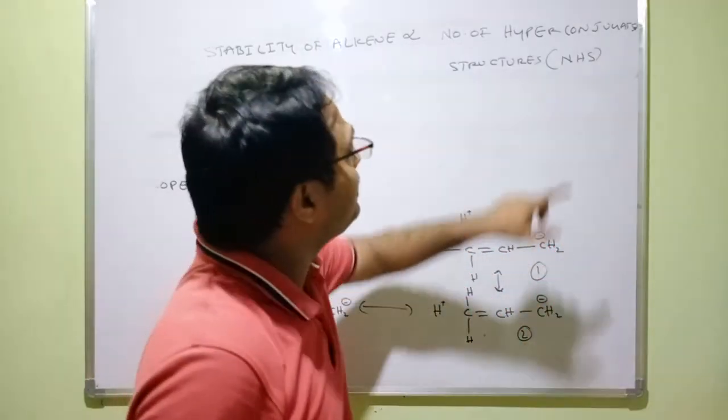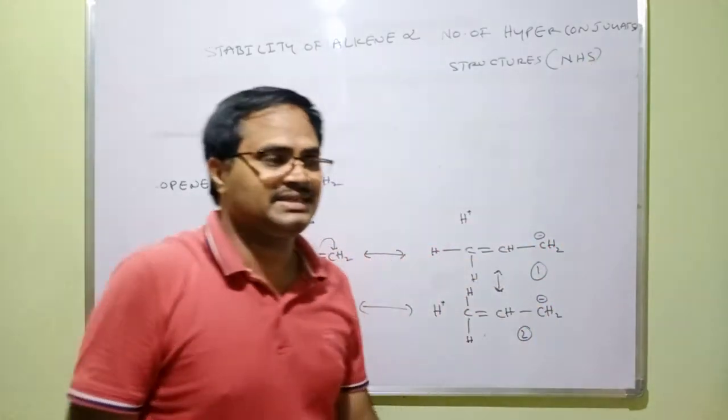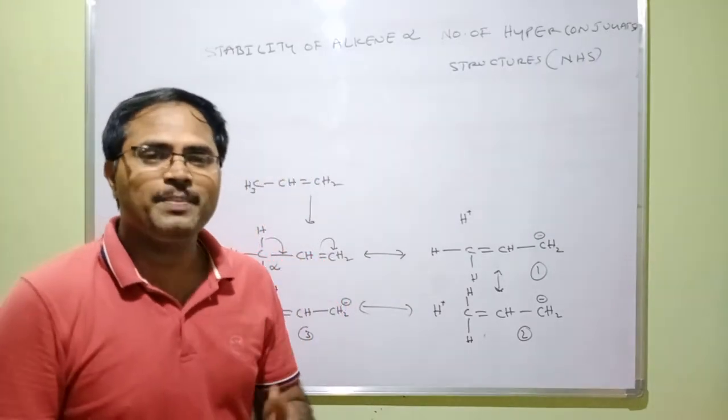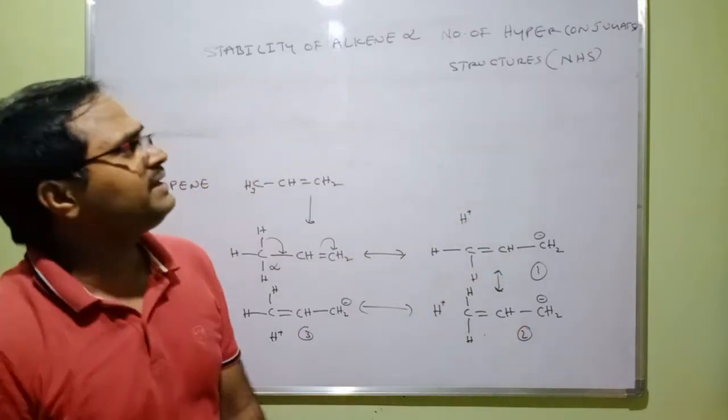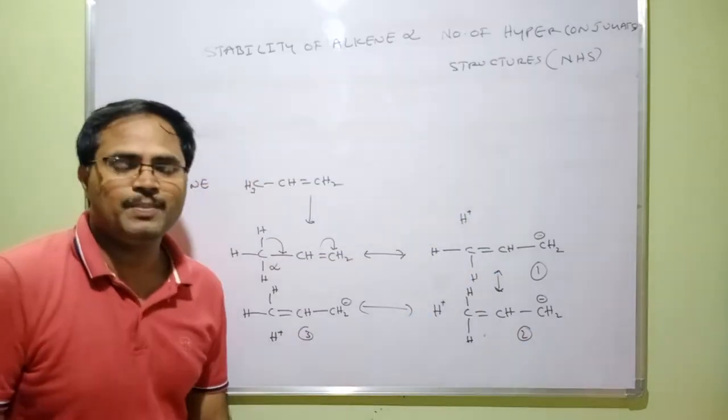Simply, I will label it as NHS. NHS means number of hyperconjugative structures. So the stability of an alkene is directly proportional to the number of hyperconjugated structures.